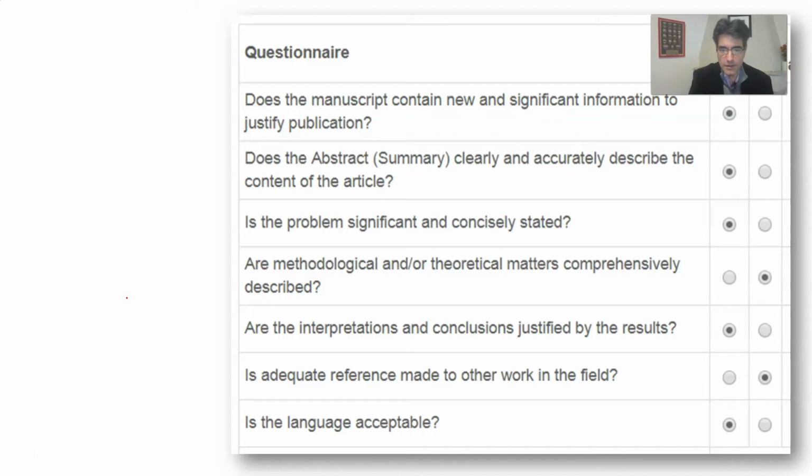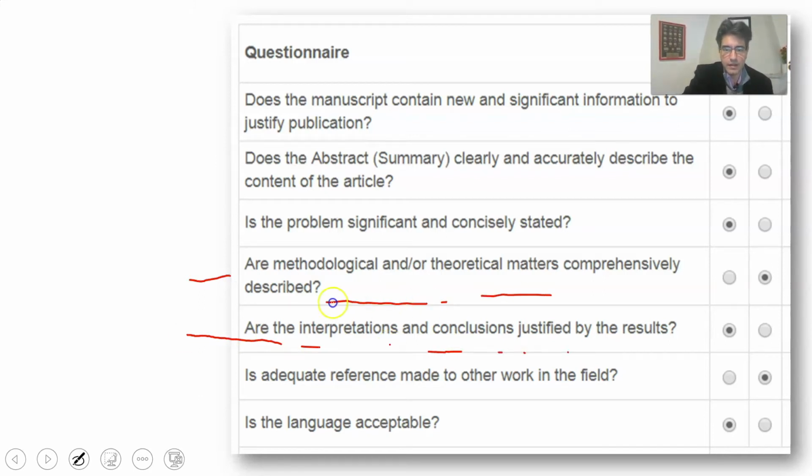And one of the important questions here is method, as we talked about earlier, and then this one here: the interpretations and conclusions, are they justified by the results? And it seems like such a simple question, but that's why you have to be very, very careful in the discussion section about building your case for why your research results are interesting.